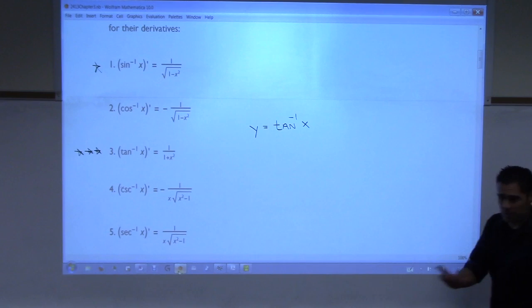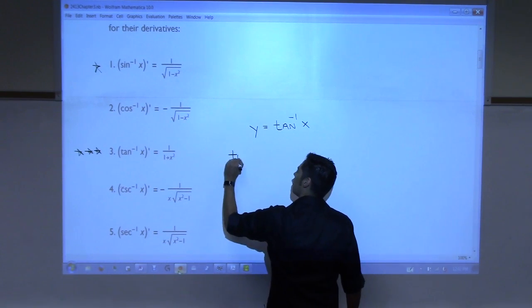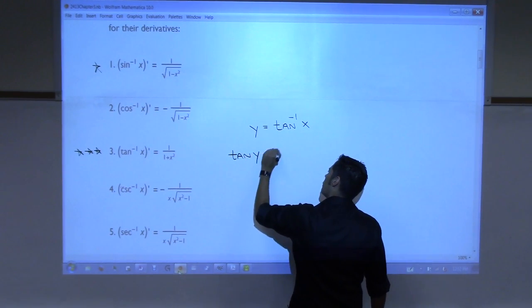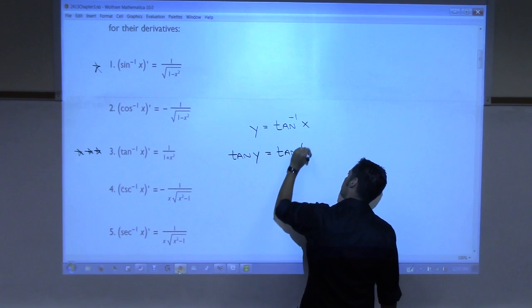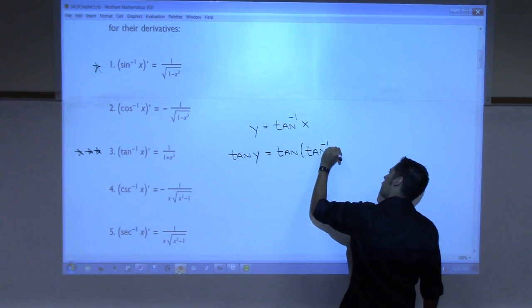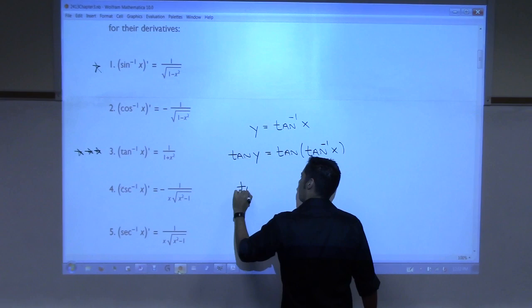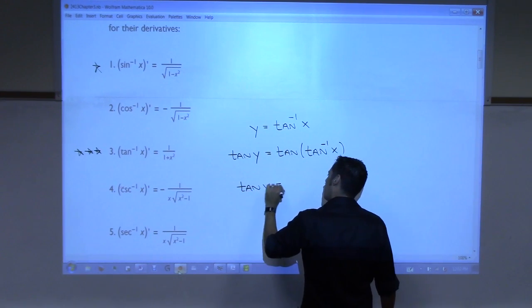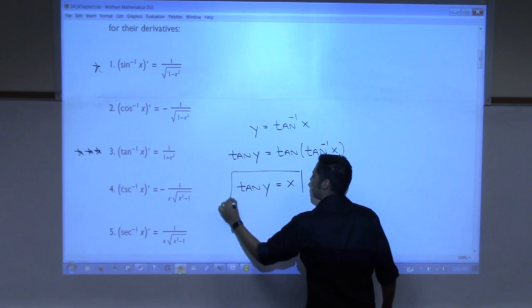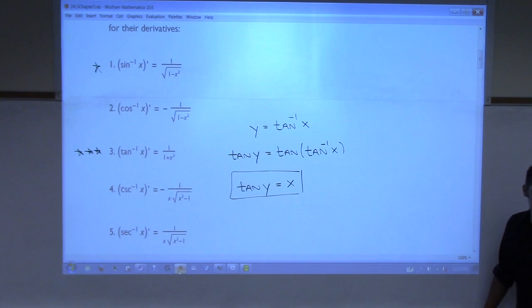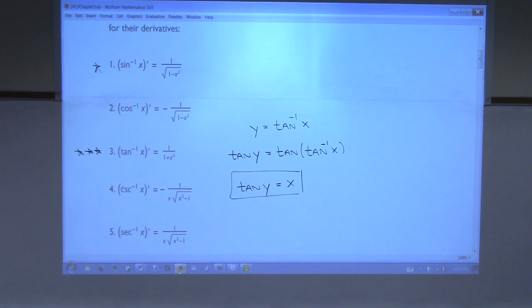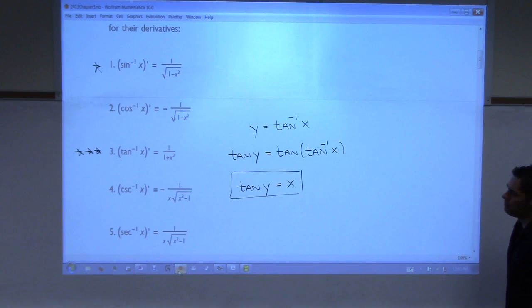So you take tan on both sides: tangent of the left side, tangent of the right side. You get tangent y equals x. I'm going to box that. That's what I'm going to use for my triangle in a little while. But now we can differentiate implicitly with respect to x. What is the derivative of the left side?